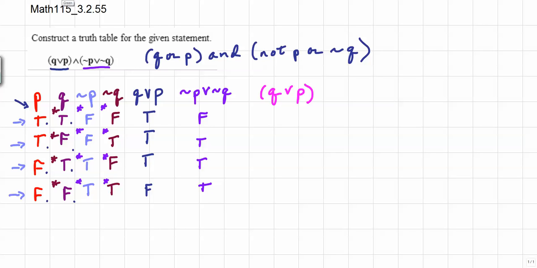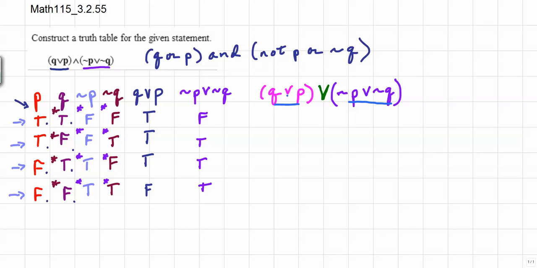Then we will have and, not P or not Q, which means that in order for this to be a true statement, they both must be true. In other words, this statement must be true and this statement must be true.